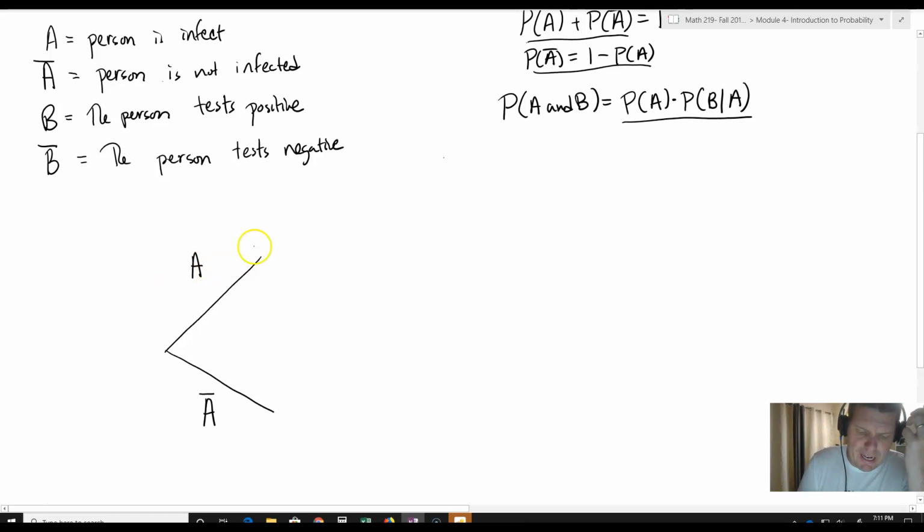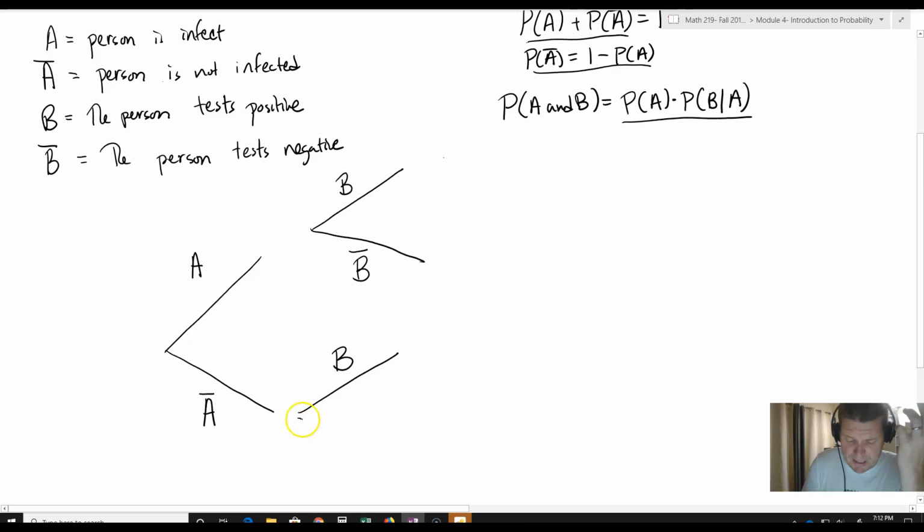Then, for each A, I'm going to have a B. So somebody can test positive given that they are infected, and I have B complement, which is that they test negative given that they're infected. And then for A complement, I have B if they test positive and they are in fact not infected, and B complement if they test negative and they do not have the disease.